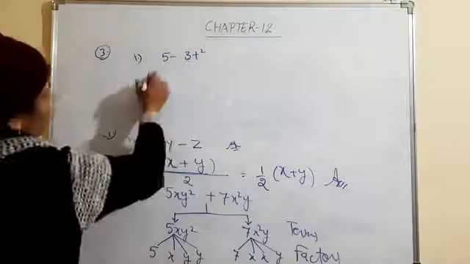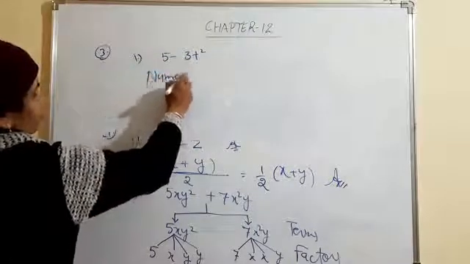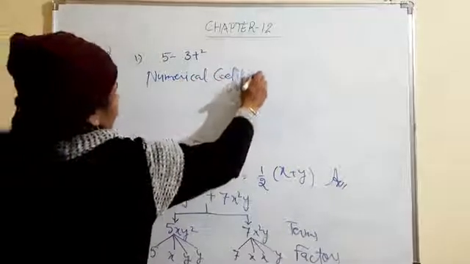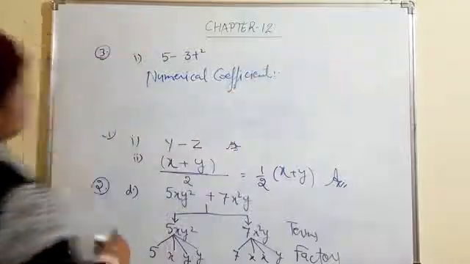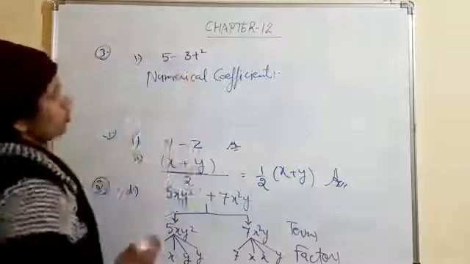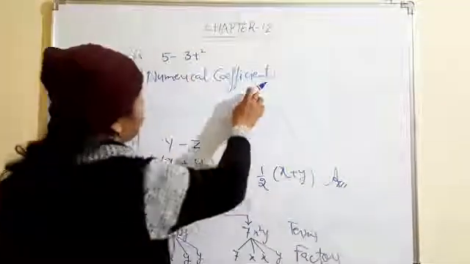So the answer will be minus 3, because in the question they are asking only for the numerical coefficient, not the constant.